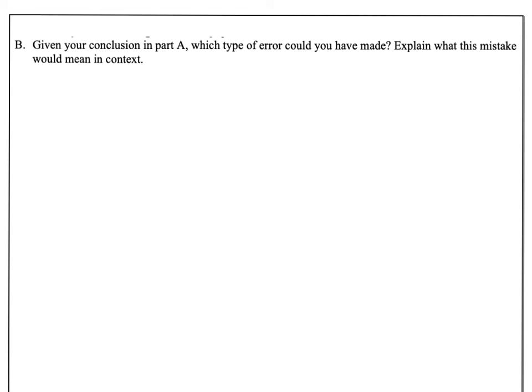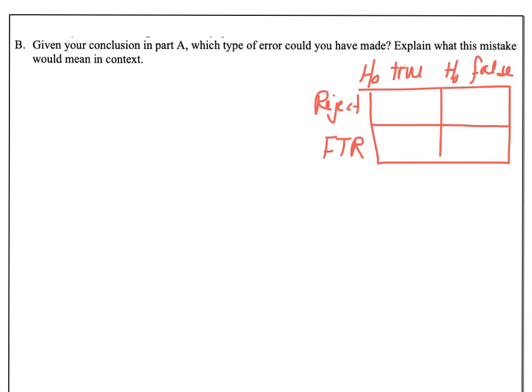Okay, so given our conclusion that we just rejected the null, what type of error could have been made? If you recall the different scenarios, in real life either your null is true or your null is false, and you've either rejected or you've failed to reject. So this one here is your alpha. It's your type 1 error.